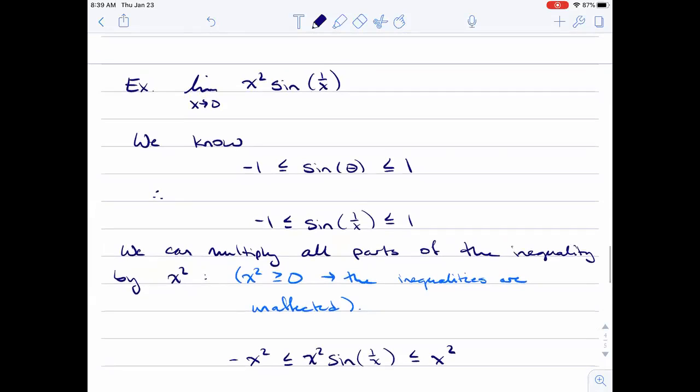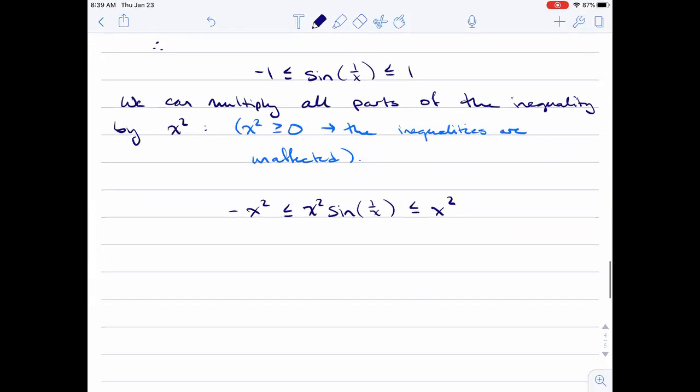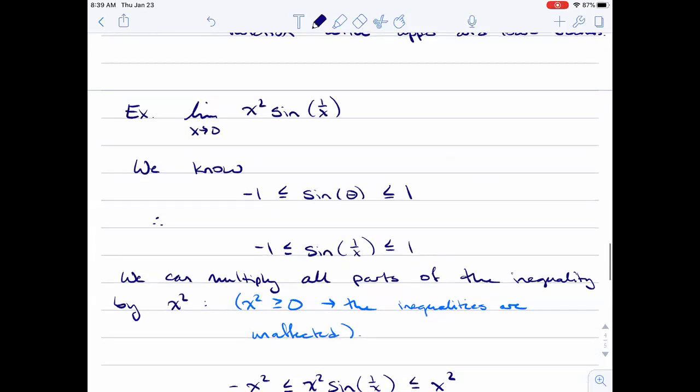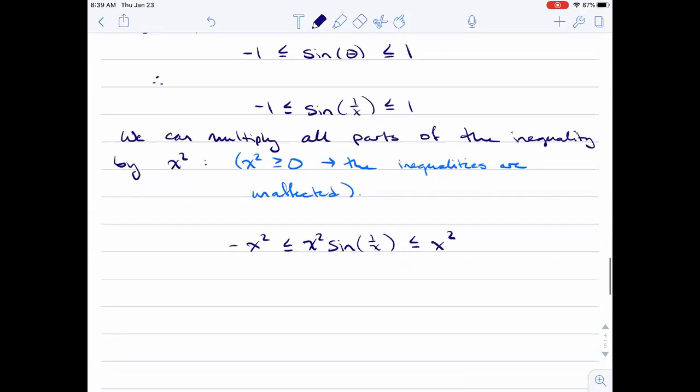This is the function that I want the limit of, right, in the middle. X squared sine 1 over x. I don't know exactly how to find that limit, but I can use the Squeeze theorem and say, well, I can find the limit of negative x squared as x goes to 0, right? And I can find the limit of x squared as x goes to 0.